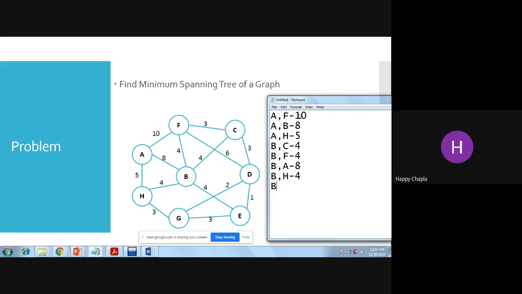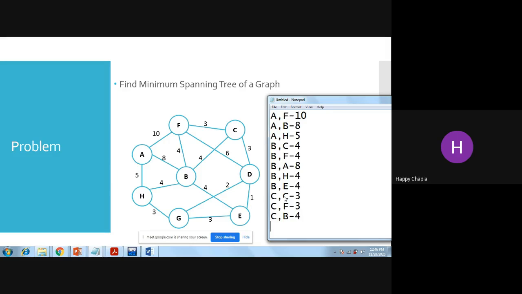B to E, 4. Now next I'll take C. We are trying to make the list of adjacent nodes with values. C to D, 3. C to F, 3. Then C to B, that is 4 only.